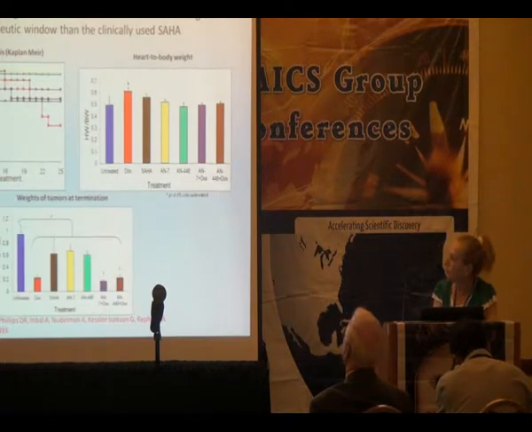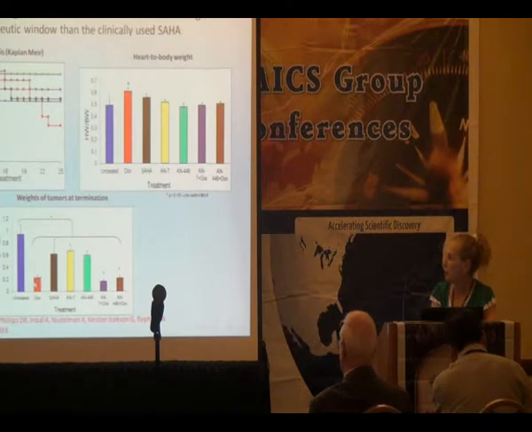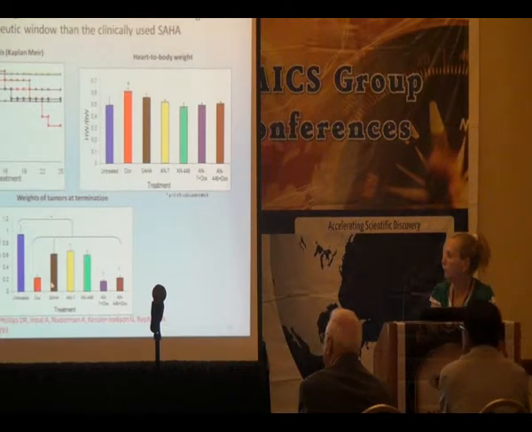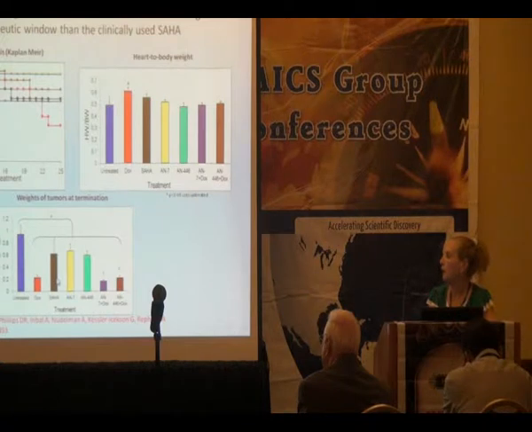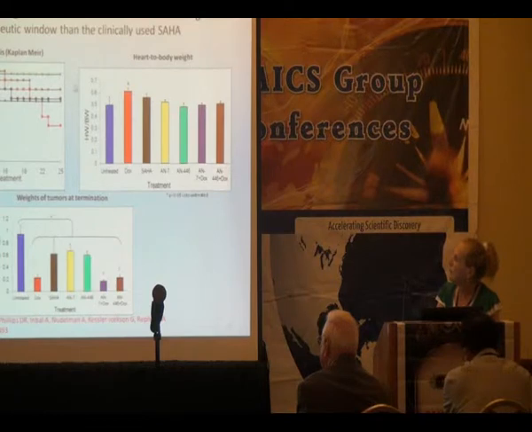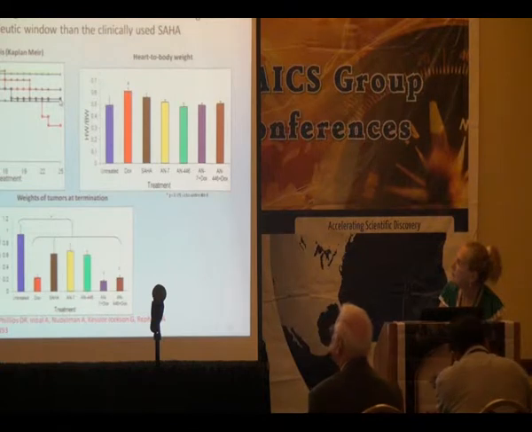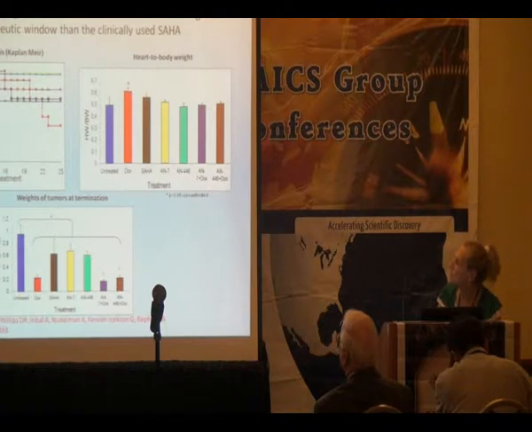The tumor burden is decreased by all treatments, as you can see here, but you have to remember that doxorubicin mice lived a shorter time, so the tumor didn't develop. We compared our compound to SAHA, and we saw actually that SAHA was quite toxic to the animals, and although it reduced the tumor burden, it did not protect the survival of the mice.